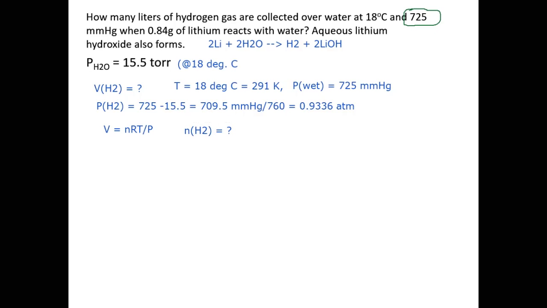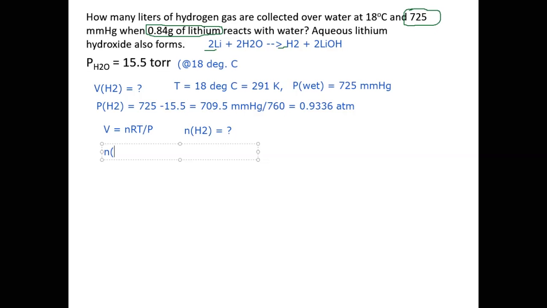And what do we know? We know that there was 0.84 grams of lithium that reacted, and we know for every 2 moles of lithium, we form 1 mole of H2.